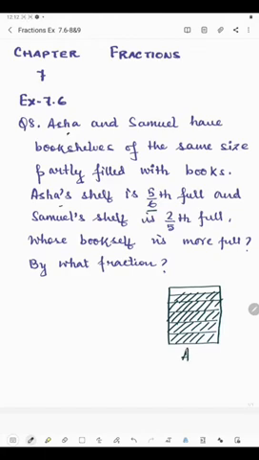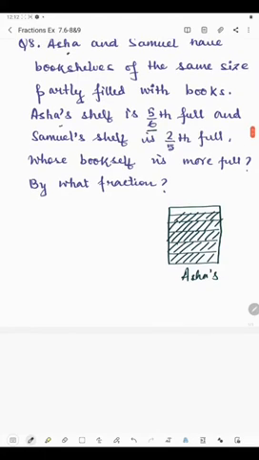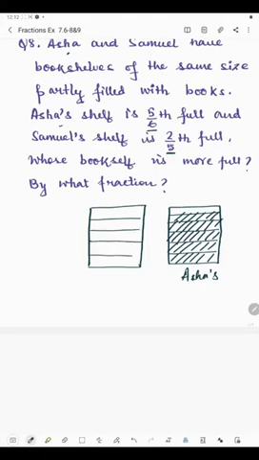So this is Asha's shelf and Samuel's shelf is 2 by 5 full, means if the total number of shelves are 5, 2, 3, 4, 5, then 2 parts are filled with books. This is Samuel's bookshelf.